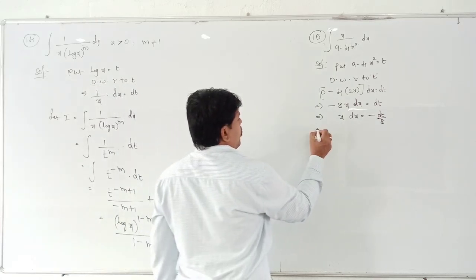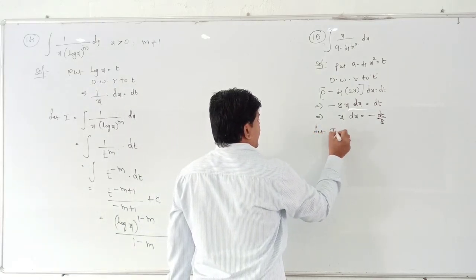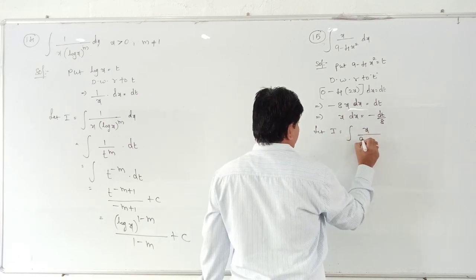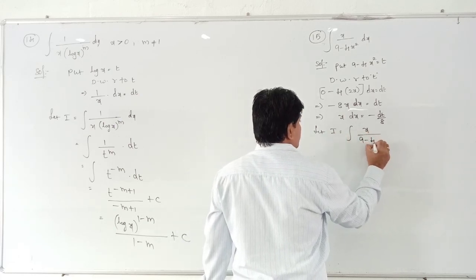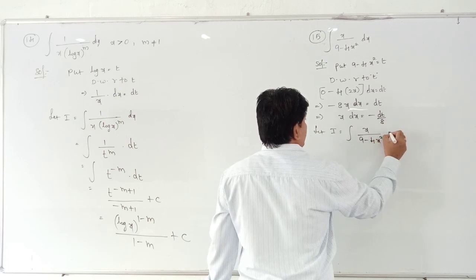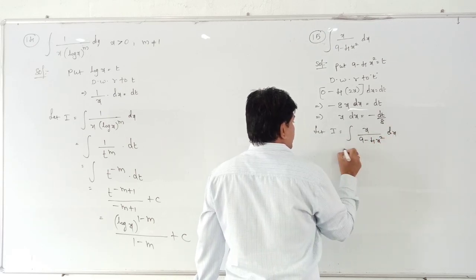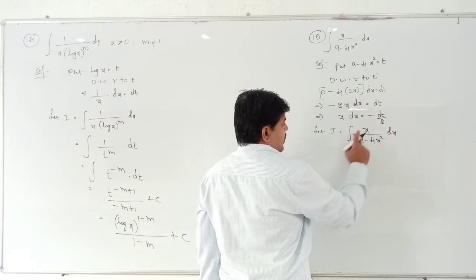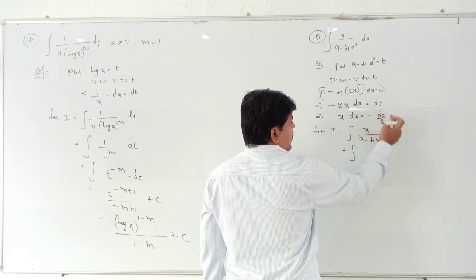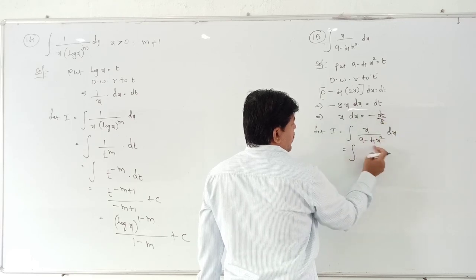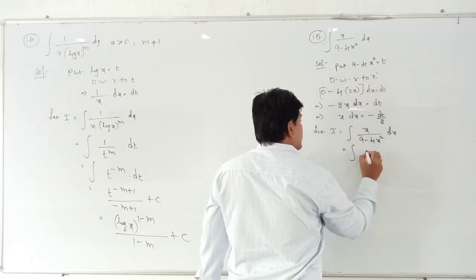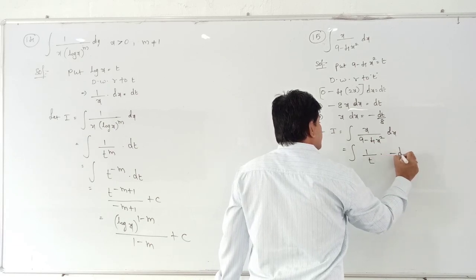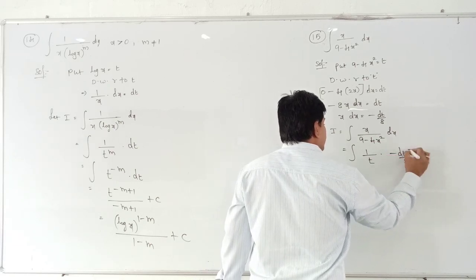So take the given problem. Let I is equal to the integral of x by 9 minus 4x square into dx. So that is equal to the integral of, how can you transform the given problem? x into dx value is minus dt by 8, 9 minus 4x square value is t. So it will become 1 by t into minus dt by 8.